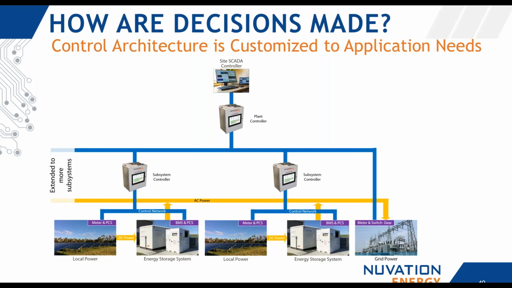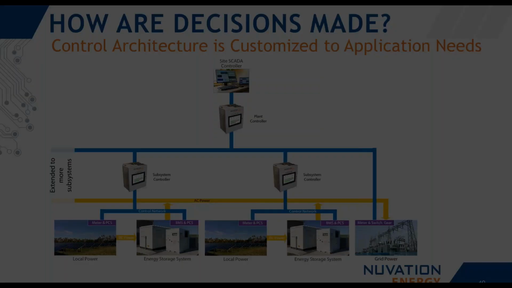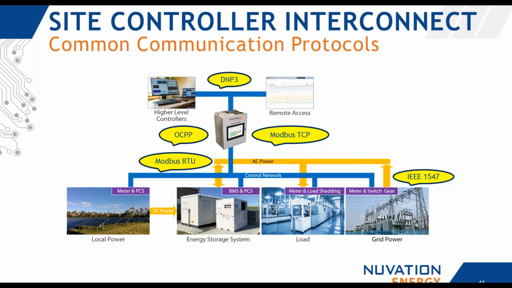Some of the different communication protocols that are commonly used in these energy management systems: Modbus RTU, Modbus TCP are very common. DNP3 is often used at the energy management system, the higher level control systems. Open charge point protocol might be required for EV vehicle integrations, battery charging.